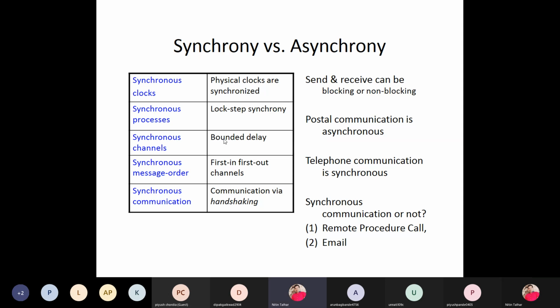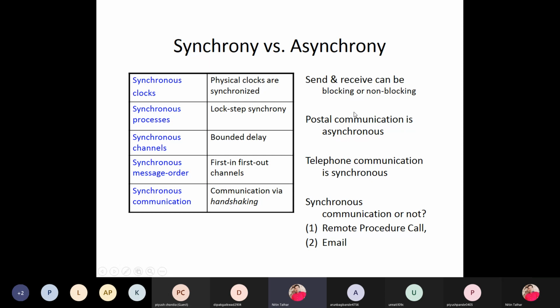Some of the examples are given on the right-hand side. Send and receive can be blocking or non-blocking. These are examples of synchronized physical clocks. Then for synchronous processes, the example is postal communication.